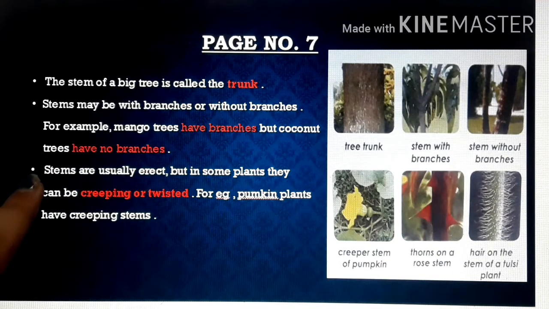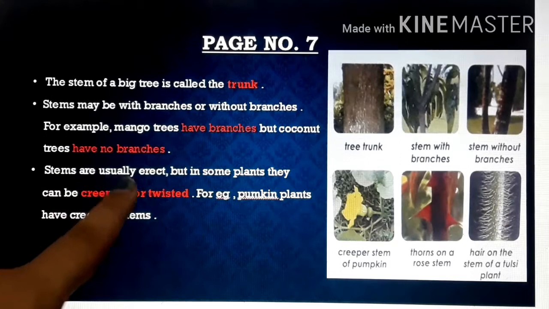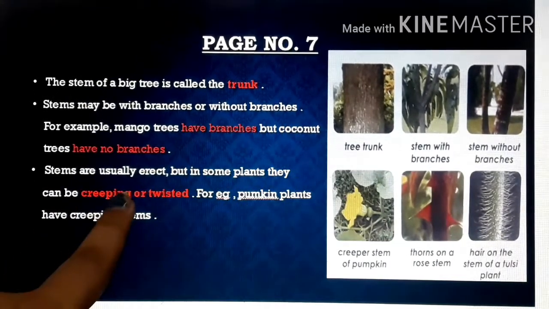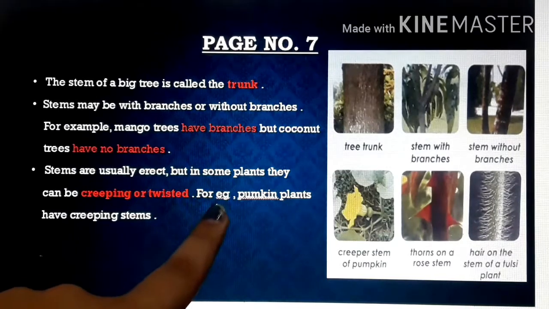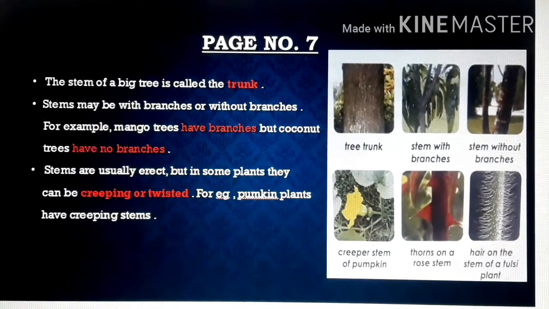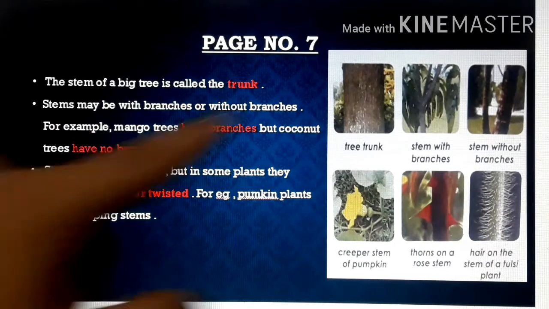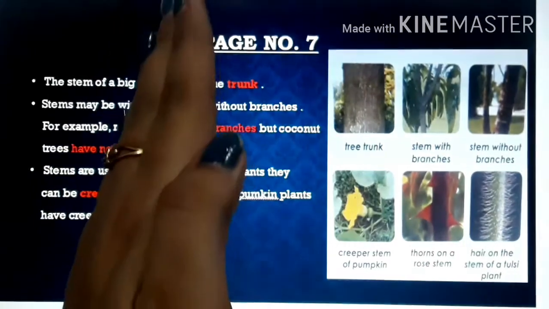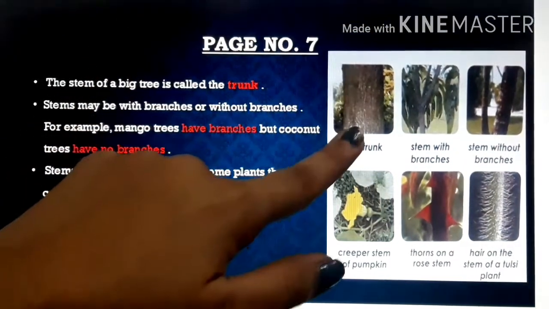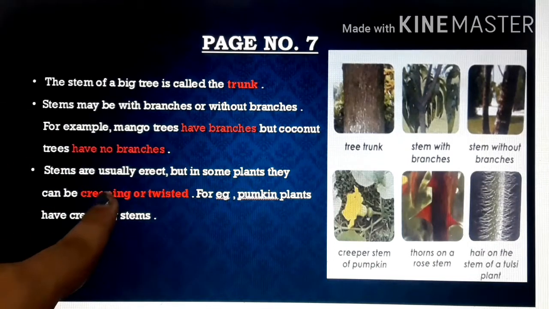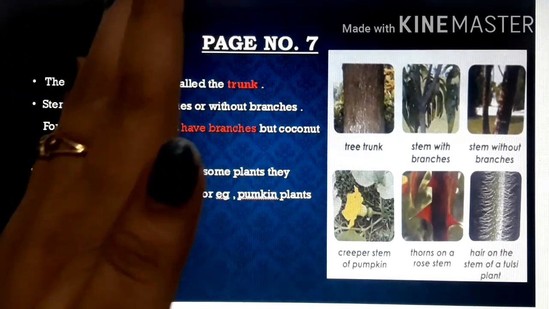Okay. Next, stems are usually erect, but in some plants they can be creeping or twisted. For example, pumpkin plants have creeping stems. Now children, you will see this trunk, these stems are erect. That means they are straight. But there are some plants whose stems are not erect, that is not straight.